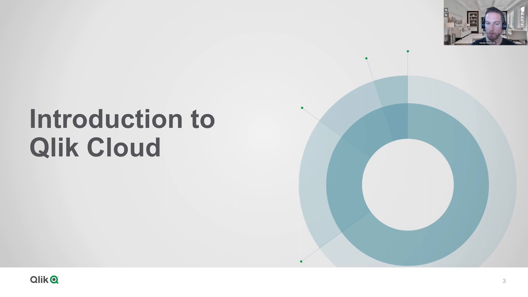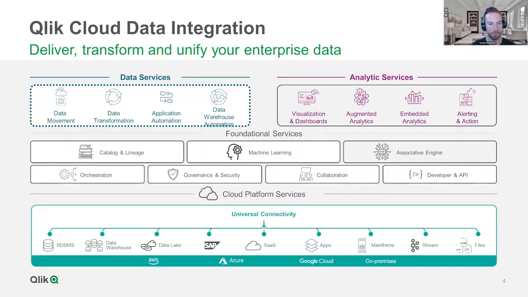So let's have a look. What is Qlik Cloud? For today, it's important that we recognize that we have two key parts in Qlik Cloud. We have data services and we have analytic services.